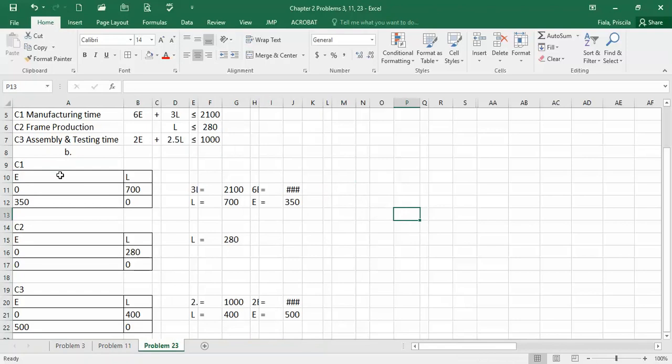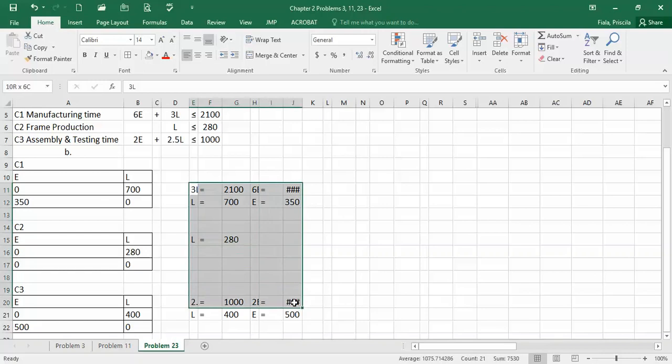As long as you can see the points. So your points here are going to be 350 for E, 700 for L, 0 for E, 280 for L, and 500 for E, and 400 for L. Okay. And I'm going to delete this so you know where that came from.